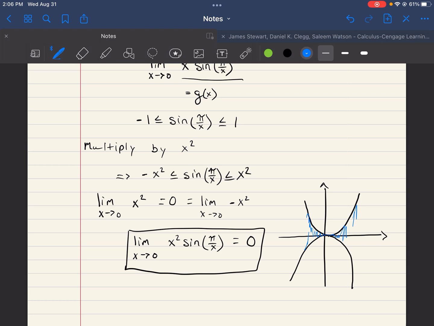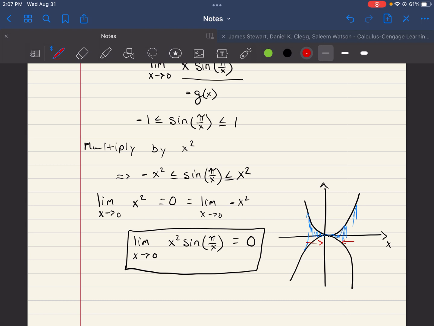Considering those two results, as we go to 0 from either side, we see that we approach 0.